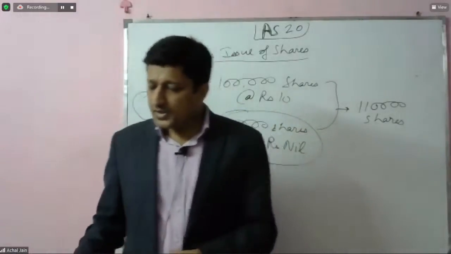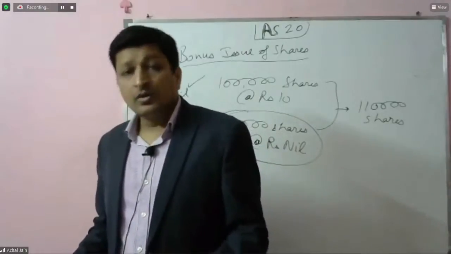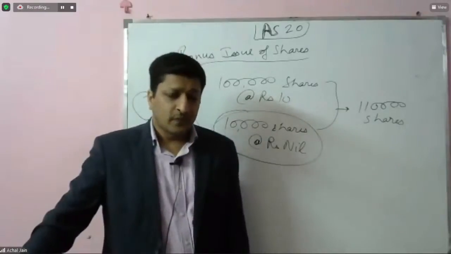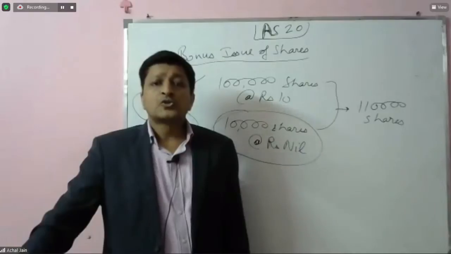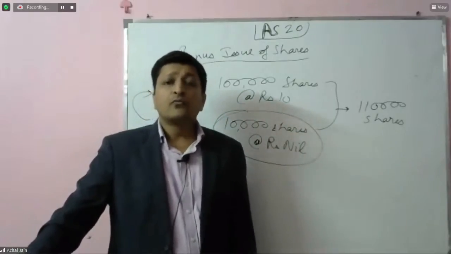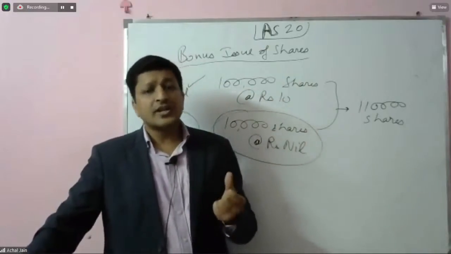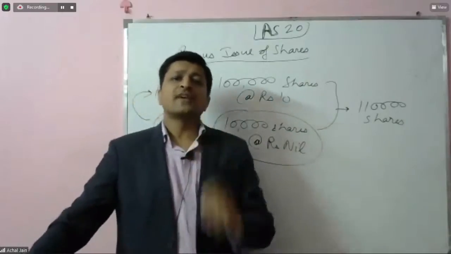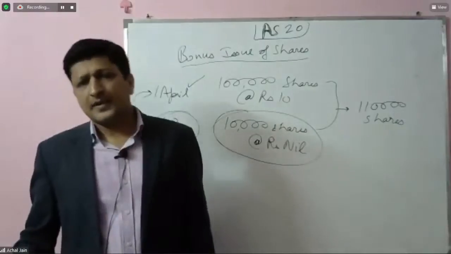Now, similar to this could be an adjustment due to a split of shares. What do you mean by split of shares? Stock split or share split means we had one share of rupees 10 and now the share has been split into two shares of rupees 5. This is called share split or stock split.